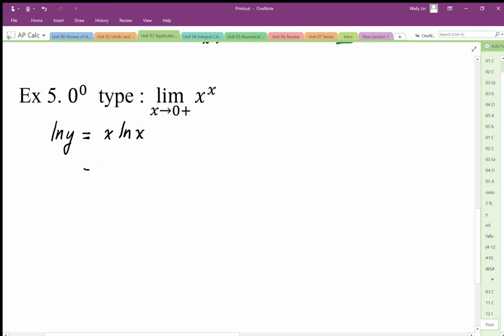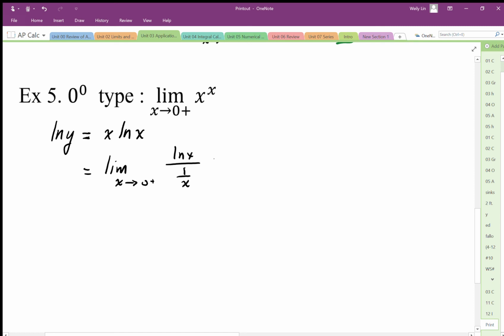I'm going to write this as a limit as x goes to 0 from the positive side of log x over 1 over x. It's much easier for me to put the 1 over x into the denominator. So I end up with negative infinity on top, positive infinity on bottom. We don't know what that is.